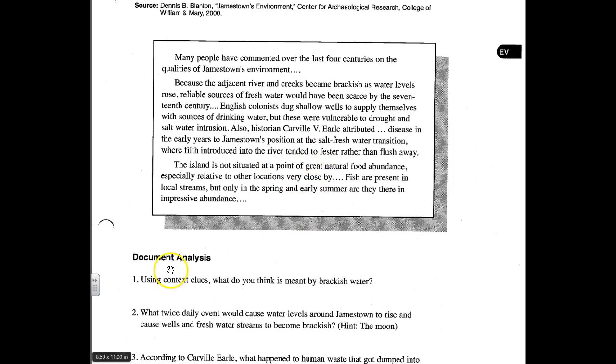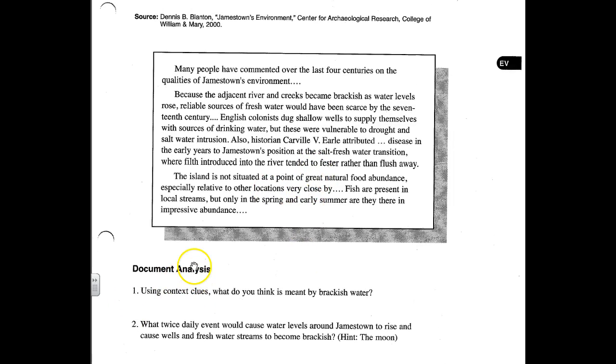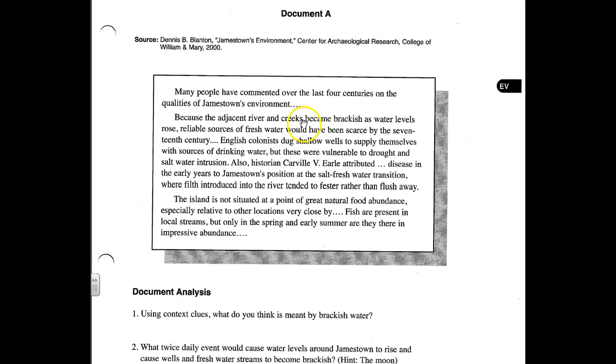The first question, again, whenever you're answering questions following a document, the first place you're going to check in order to find the answer is the document. So question 1 is asking, using context clues, what do you think is meant by brackish water? You'll go up on your own when you're done with this exercise and reread the document, but hopefully you'll have a feel for what the term brackish means by looking at the context.